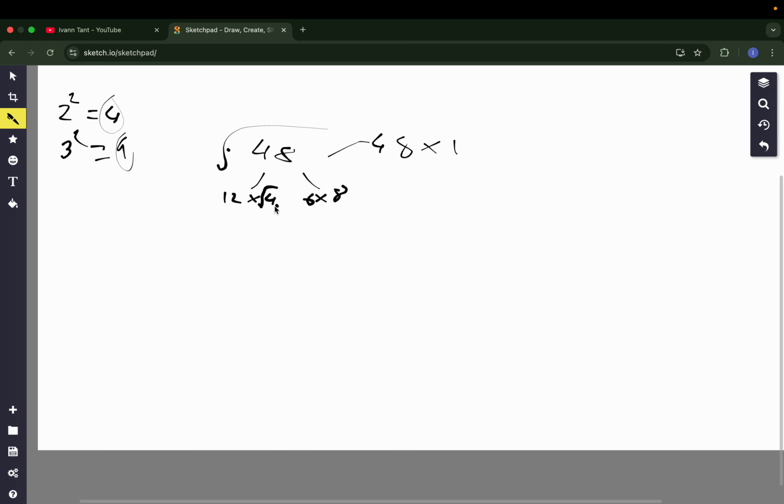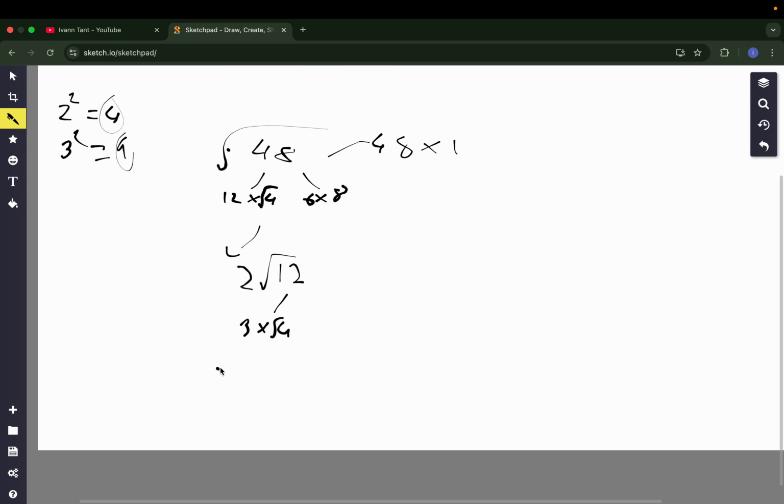So we can use that to put it on the outside. So basically, it would be 2 times the square root of 12. But we can square root this even further, because the factors are 3 and 4, and 4 is also a square number.